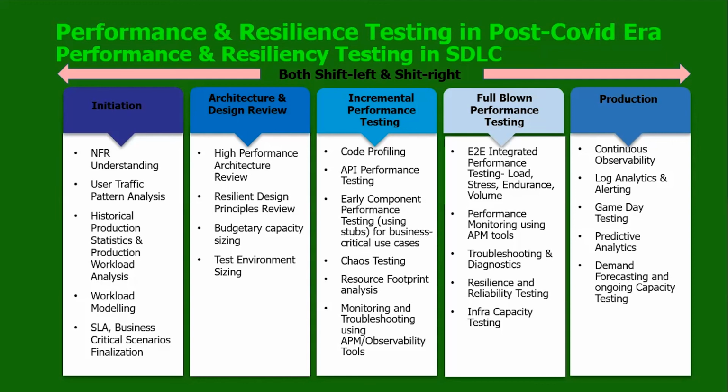Then, when there is the architecture design phase, that is a place where you can do a lot of review and assessment kind of activities. And then at the incremental stage, you can think about early component level performance testing, and component-to-component performance, before everything gets integrated in your pre-production performance environment.